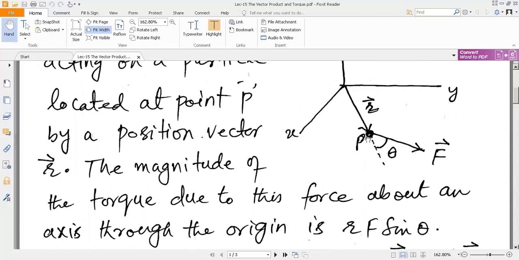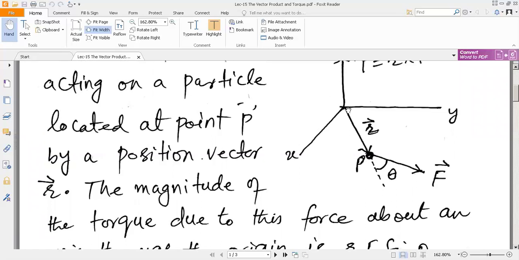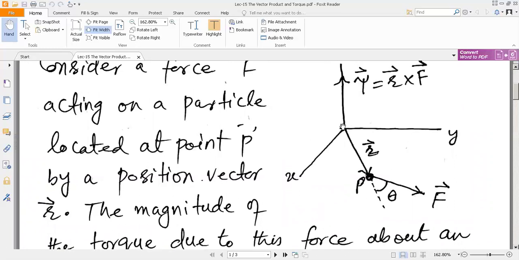Now, as we mentioned, the particle is lying in the xy plane and it is going to rotate about this pivot point O. So we can say that the z axis will be the axis of rotation of this particle P. If it is going to rotate in this way, counterclockwise about this pivot point O, then the z axis can also be said to be the axis of rotation under the given conditions.